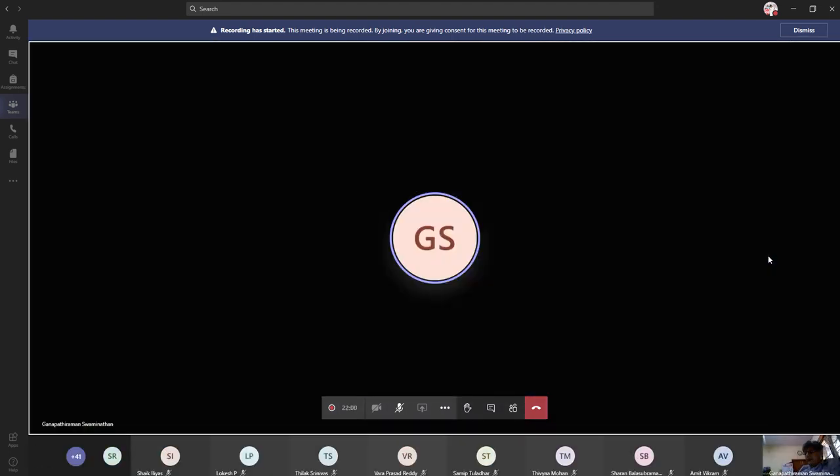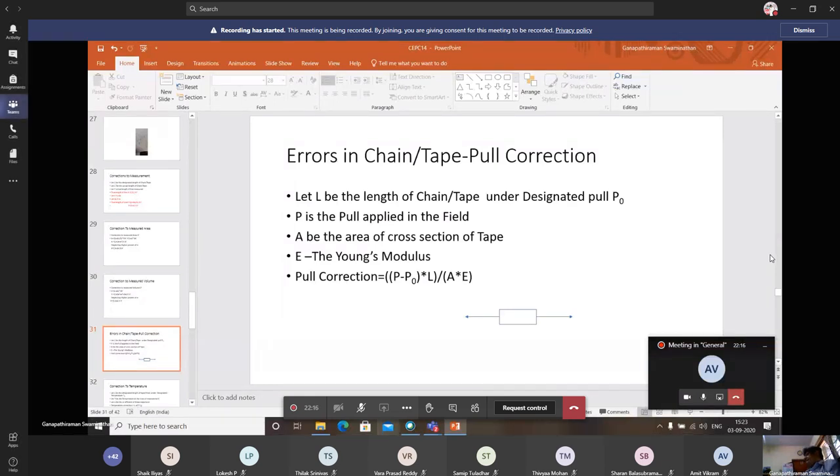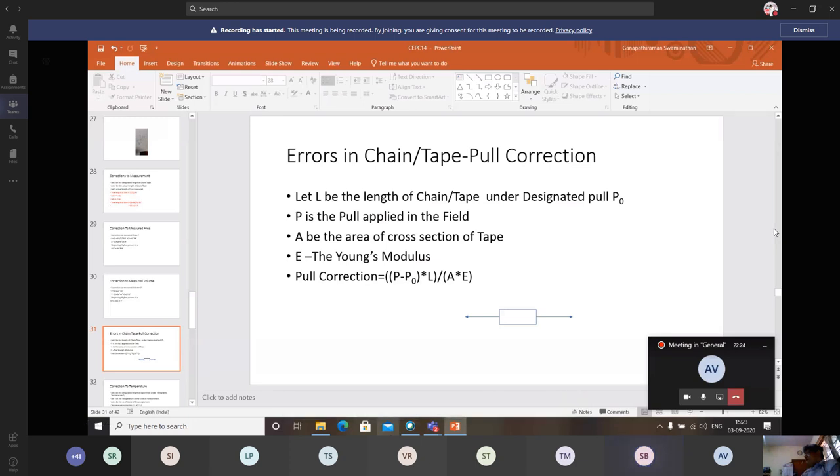Right. Now, suppose the length is L, and the elongated length is delta L. Delta L by L, what do you call? Strain, sir. Some said percentage error, some said fraction of error.